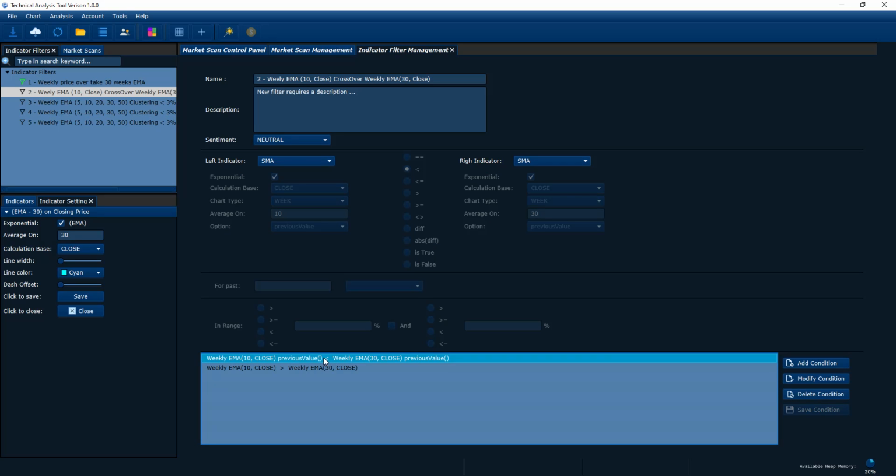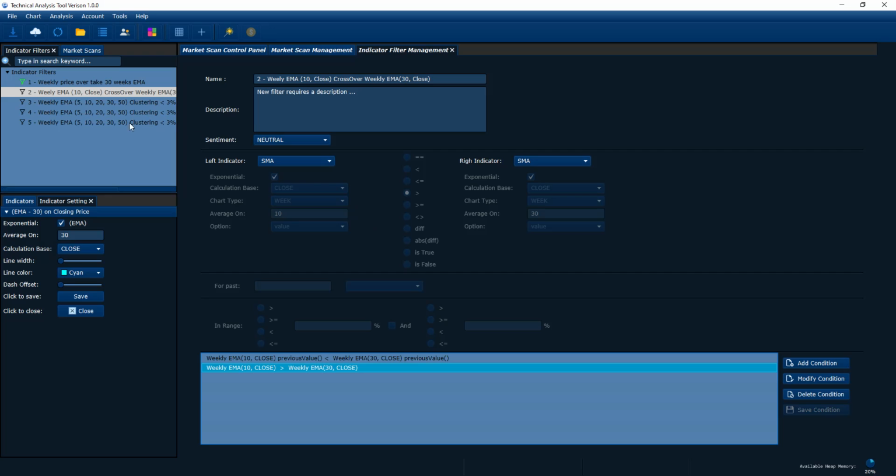The previous week, the 10 weeks EMA has to stay below the 30 weeks EMA, but this week the 10 weeks EMA stays above the 30 weeks EMA, so that is a crossover situation. Some people might want to use this indicator to scan the market and look for buying signals.